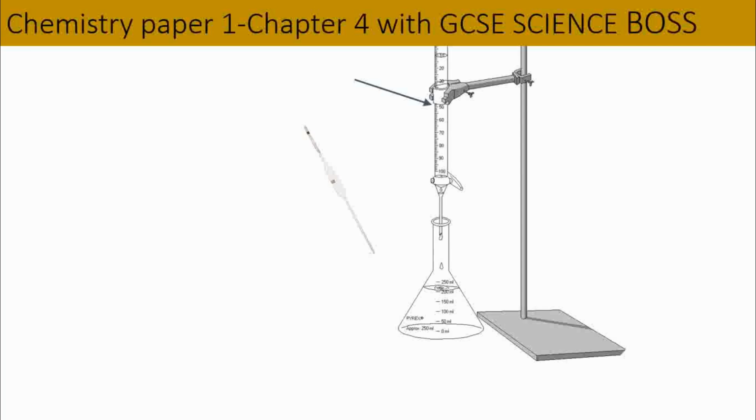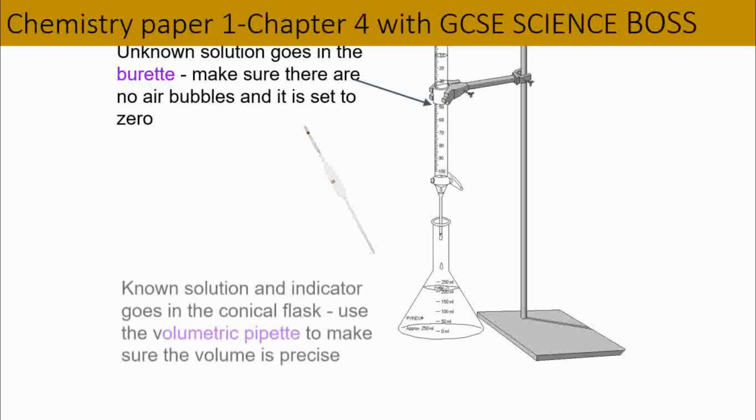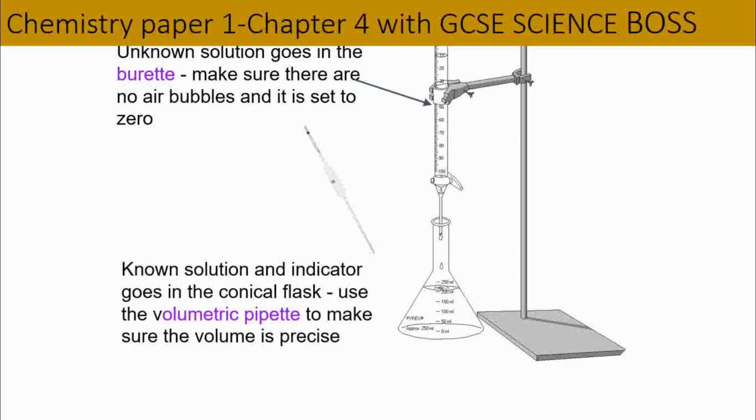Okay, good. So this is what the setup would look like. The unknown solution normally goes into your burette, and you make sure there are no air bubbles, because air bubbles will give you an incorrect volume reading. Then your known solution and your indicator go into your conical flask.